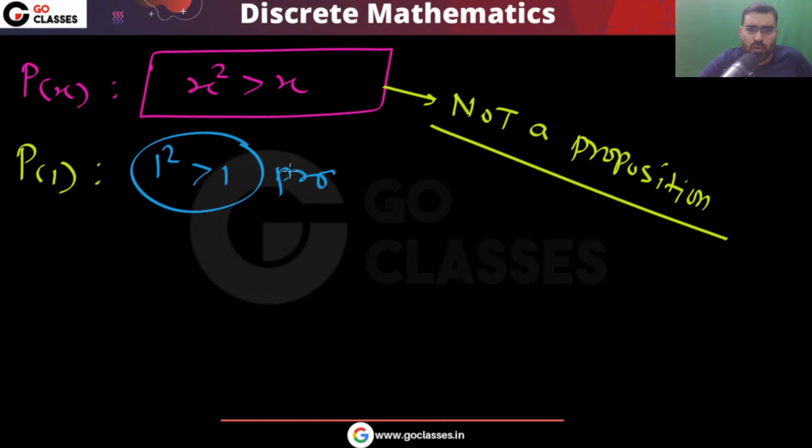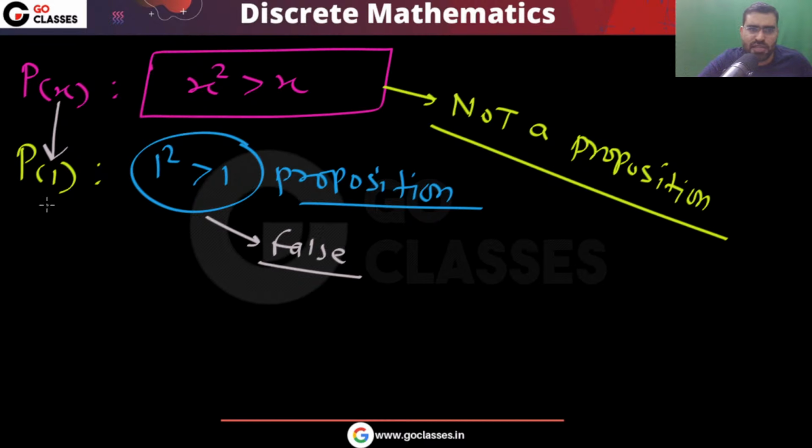Please understand that in any predicate, once you replace all the variables by specific values, like this x I am replacing with 1, it will become a proposition. Clearly this is false, so I can say that P(1) is false.